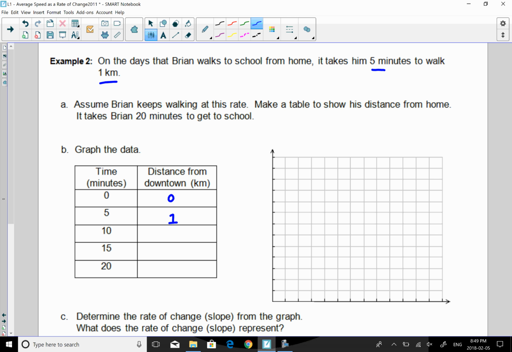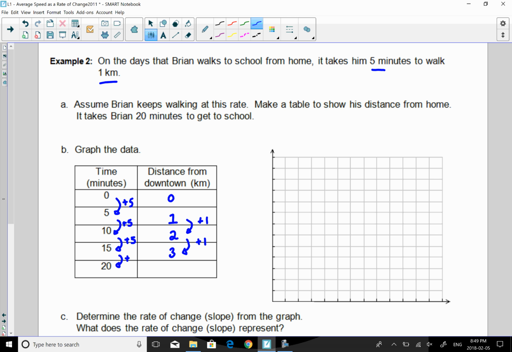If he keeps going at this rate every 5 minutes, so this is going up by 5s, he's going to go 1 kilometer. So for 1, it's going to be 2. Another 5 minutes pass, he's going to go another kilometer.